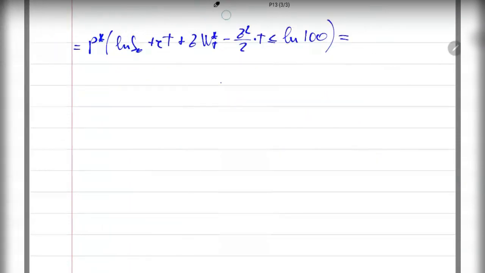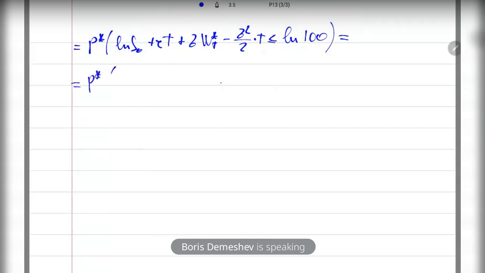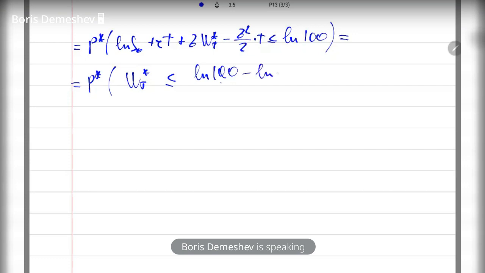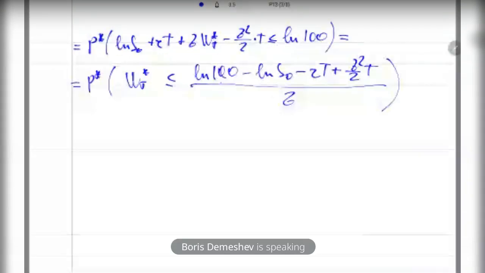And we continue. So that's just the probability that WT star is less than what? Logarithm of 100 minus logarithm of S0 minus RT plus sigma squared over 2 times T, divided by sigma.